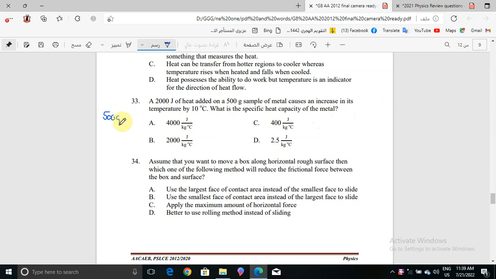500 gram is equal to 0.5 kilogram. Then we will use the formula Q is equal to m c times the change of temperature, but we need to find c, so that means c is equal to Q over m times the change of temperature, right?